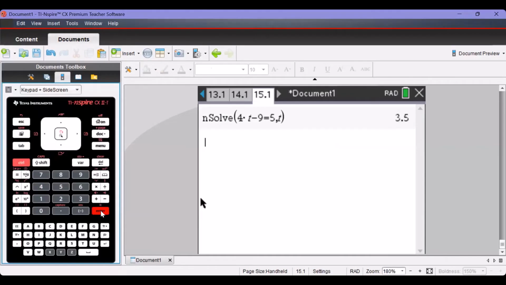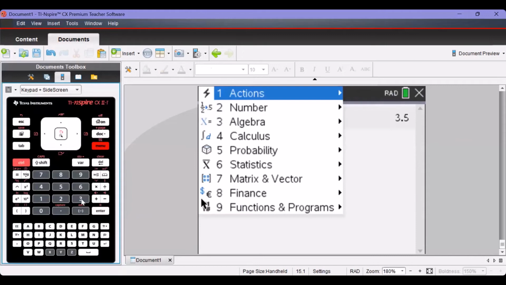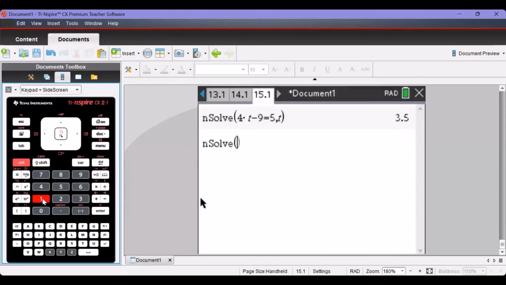Let's do the same now for the j component of vector rA and the y coordinate. So menu, 3 for algebra, 1 or enter for numerical solve. And so -2 multiplied by 5 minus t.